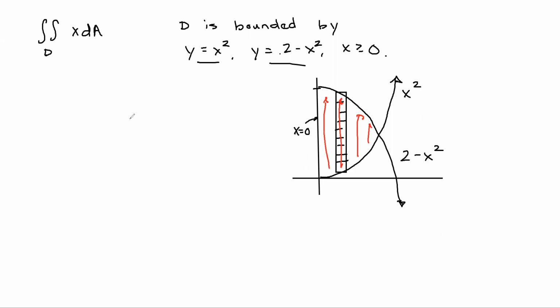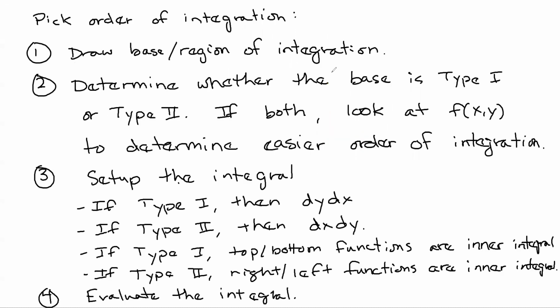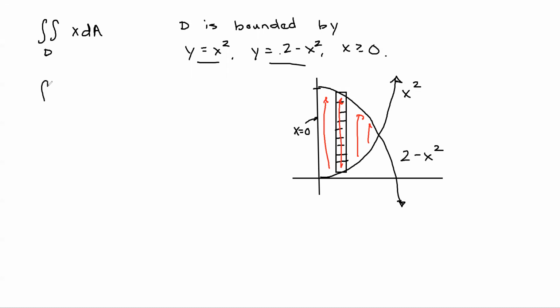Now that we've got all that, we can set up our integral. Draw the region, determine whether it's type 1 or type 2. We've already done that step. Step 3, set up the integral. If it's type 1, you put dy dx. So we want a double integral, x, dy dx.